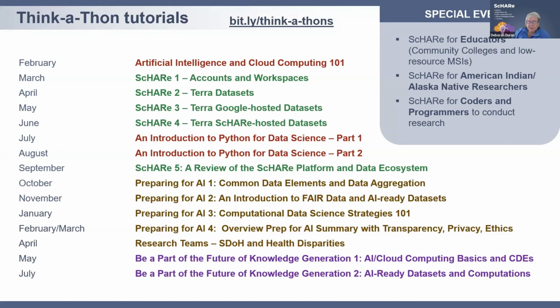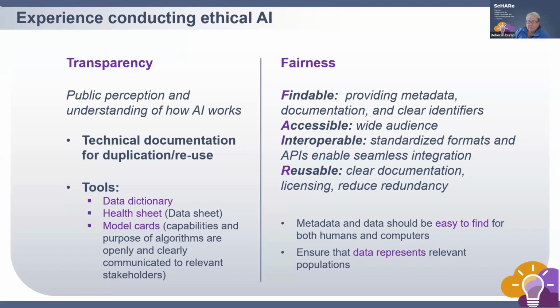These are the think-a-thons that we've done in the past. You can use this link right here to not only see all the different think-a-thon PowerPoints, but also the recorded videos. And when we do this kind of work, especially in research think-a-thons, we really foster the understanding of transparency and how to do ethical AI.